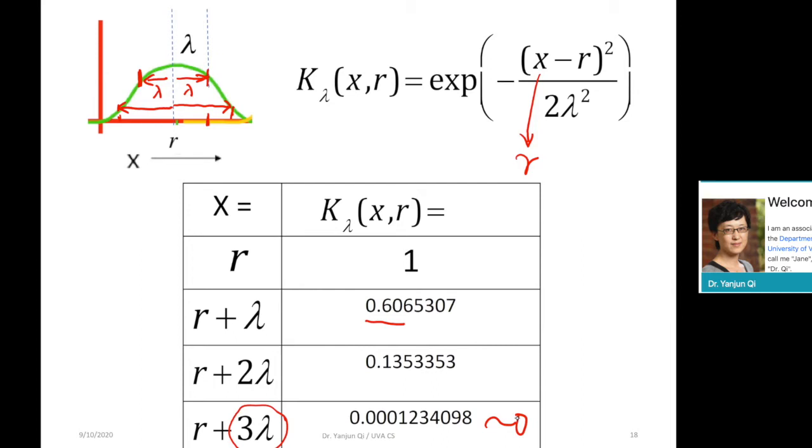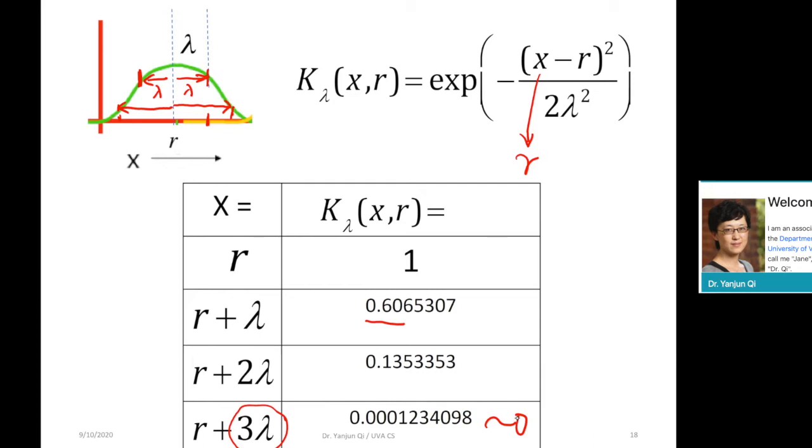So think about, you're using this as a basis to construct some function to approximate some values. And this type of function can only contribute when that x is within the left 3 lambda and the right 3 lambda range. More than those, there's just no way this kernel function, this basis function, contributes anything, because it just equals 0.